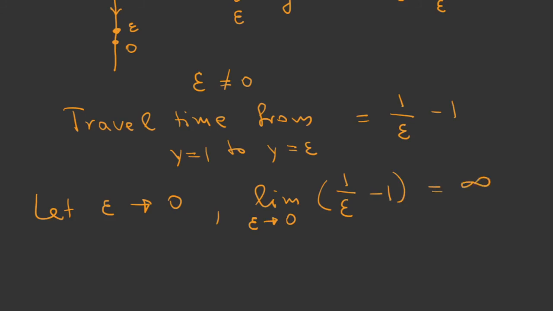As values of epsilon get closer and closer to 0, the values of 1 over epsilon are going to get larger and larger, and they will get arbitrarily large. So the conclusion is that the amount of time it will take our object to reach the equilibrium position is infinite. In other words, our object will never reach the equilibrium position.